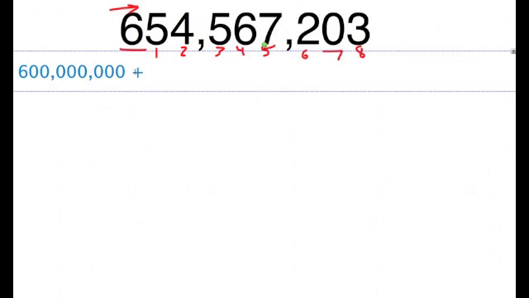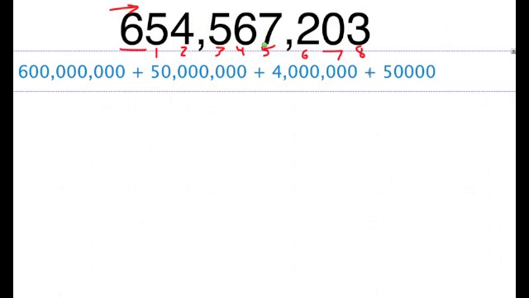Plus 5, and there are 7 zeros after the 5. 1, 2, 3, comma. 1, 2, 3, comma. Get my plus sign in there. 4 with 6 zeros. 1, 2, 3, comma. 1, 2, 3, comma. A 5, and the pattern just continues. 5 zeros.